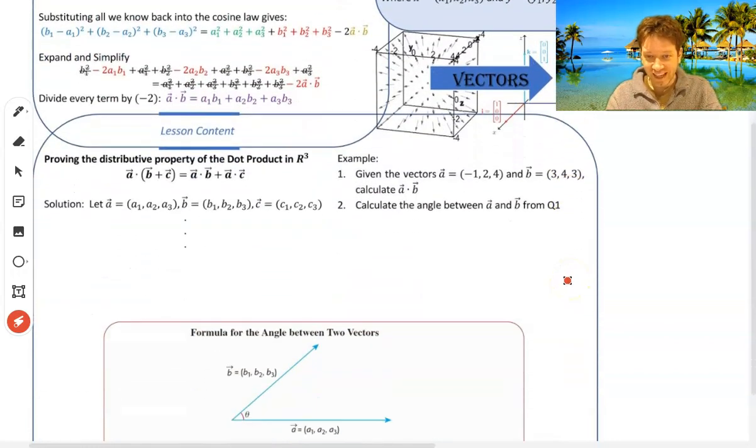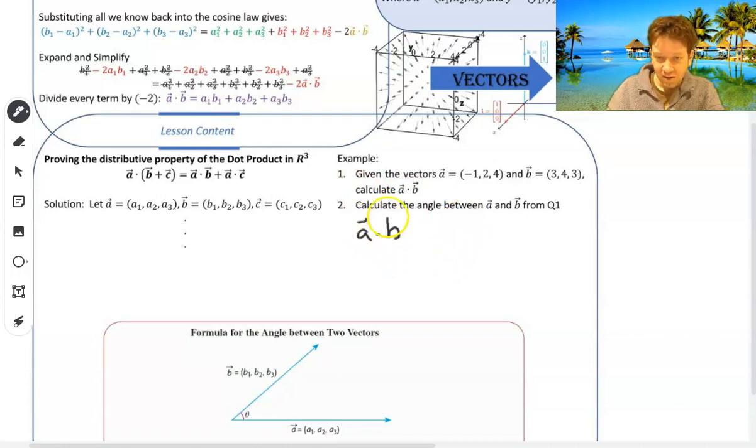So let's look at an example. Here's example 1. Example 1 says, given these vectors a and b, calculate a dot b. Okay, well, you can do a dot b. Now that's going to equal a1 times b1, so negative 1 times 3, that's negative 3, plus 2 times 4, which is 8, plus 4 times 3, which is 12.